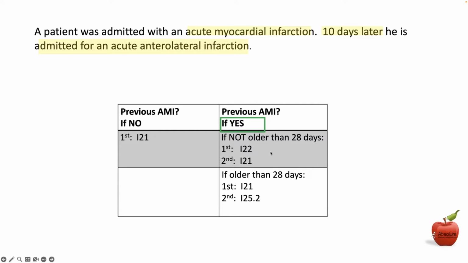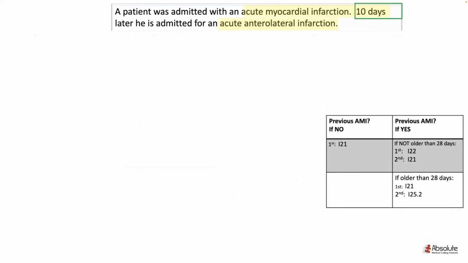Now, below, we need to know if the previous infarction was older than 28 days or not. And no, it was 10 days ago. So we are going to sequence in the following way. Our answer should look like that: I22 first, followed by I21. So we know we're going to have two codes.